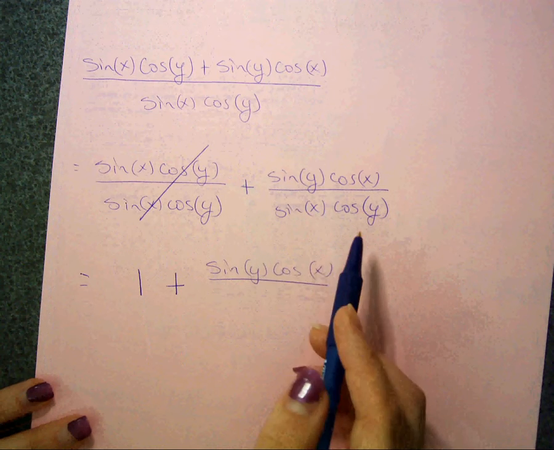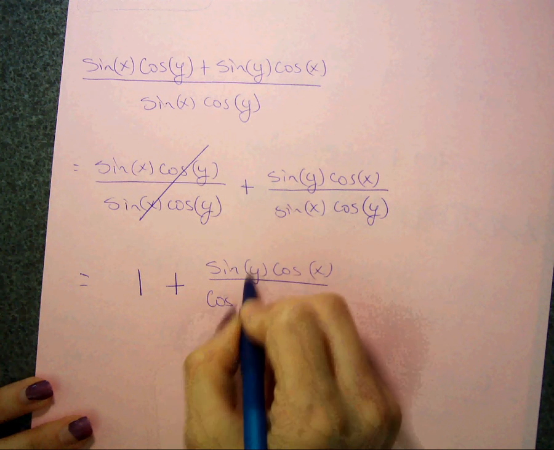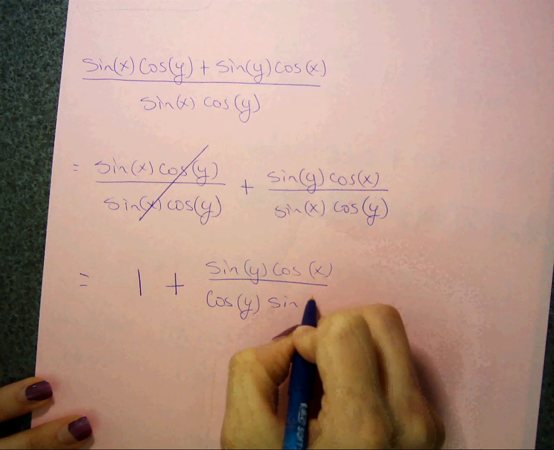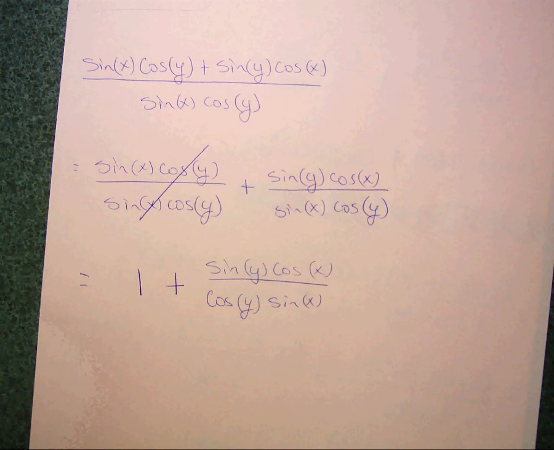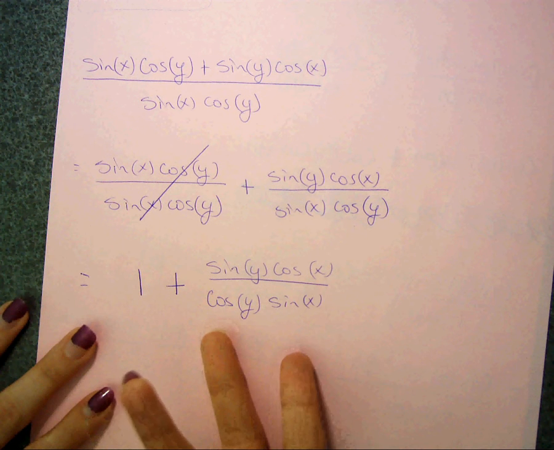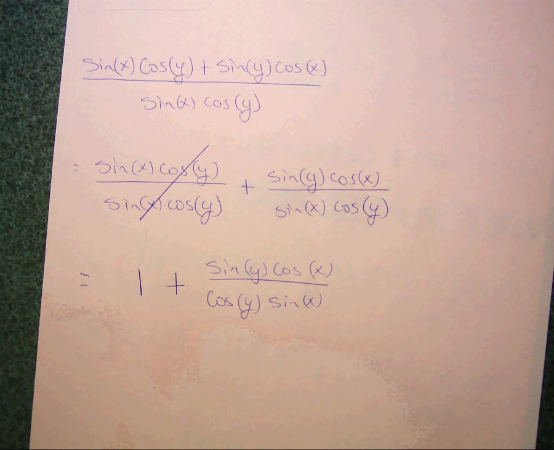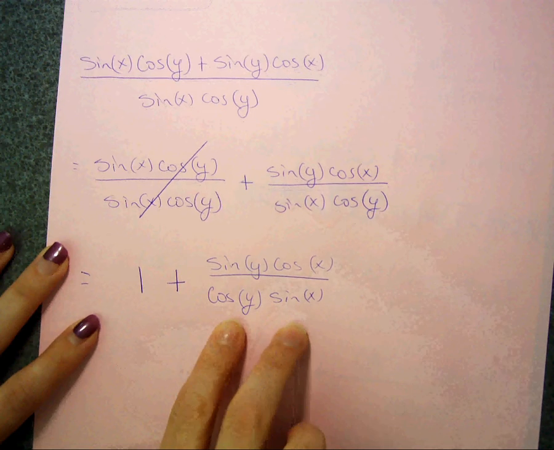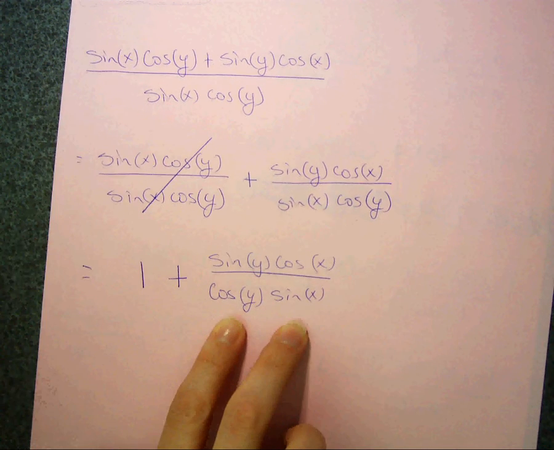So I'll write cosine y to line up with sine on the top, and sine of x to line up with cosine on the top. I didn't change anything about the values, I just rewrote it. They're being multiplied, so I can do that. I didn't do any funky algebra. They're being multiplied together, so the order that they're written shouldn't matter.